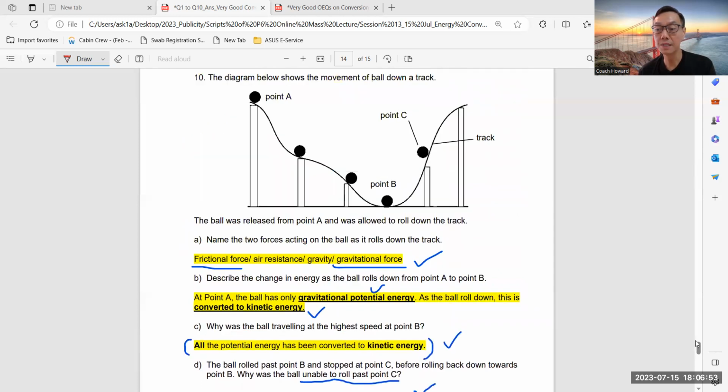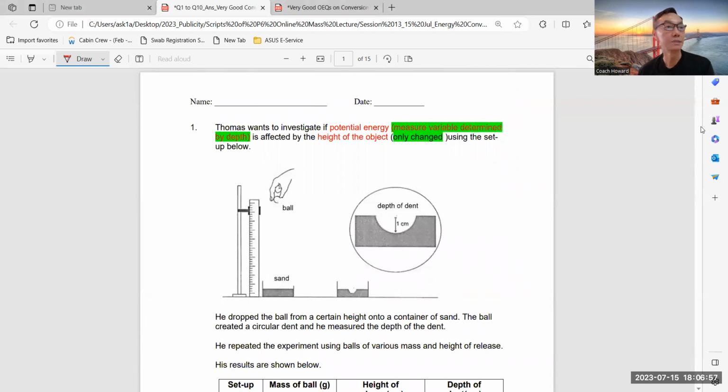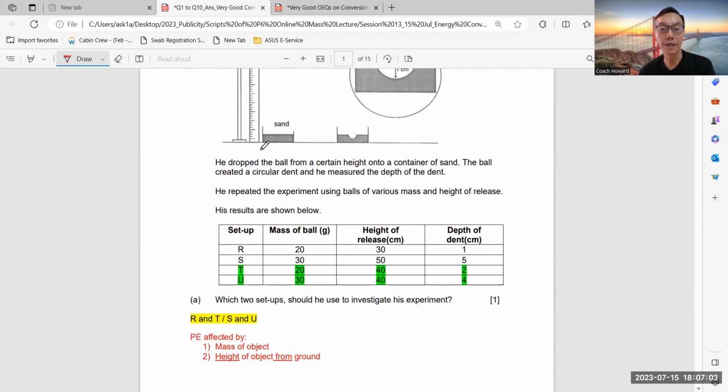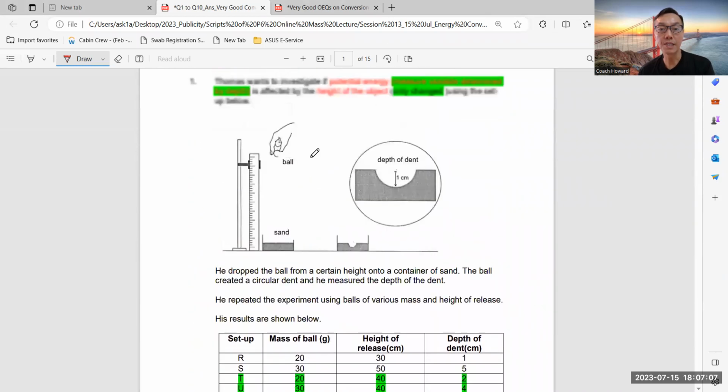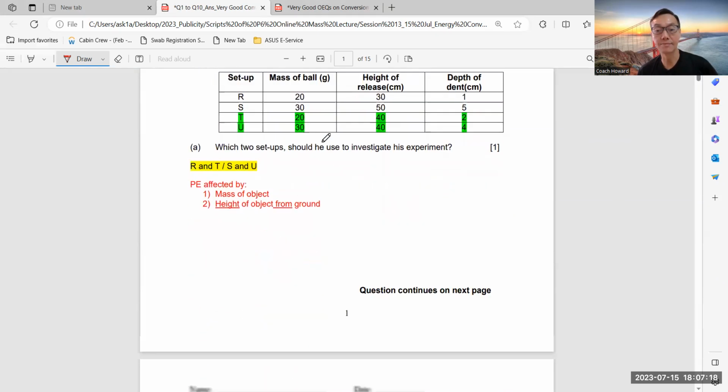You can see, I do a quick summary over here. Today we have gone through question 1 about conversion of energy, choosing the right setup to investigate if potential energy is affected by the height of the object, which definitely it does.